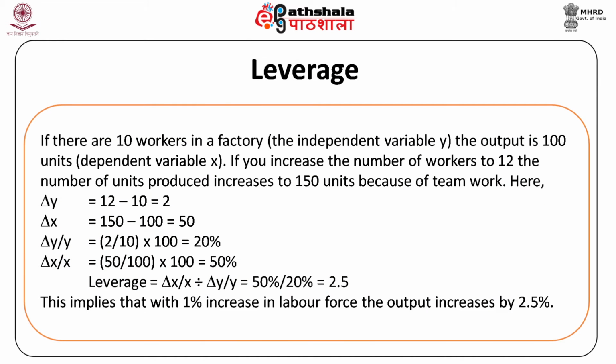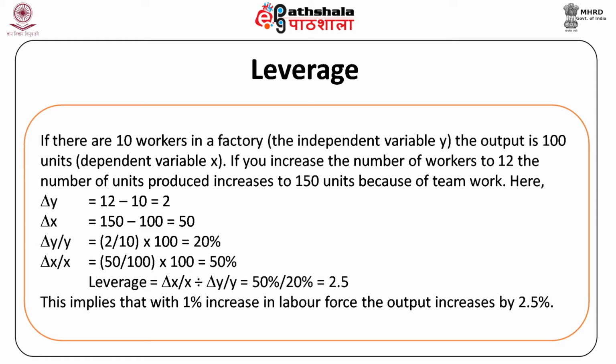If there are 10 workers in a factory, the independent variable y, the output is 100 units, dependent variable x. If you increase the number of workers to 12, the number of units produced increases to 150 units because of teamwork. Here, delta y is 12 minus 10 equal to 2.